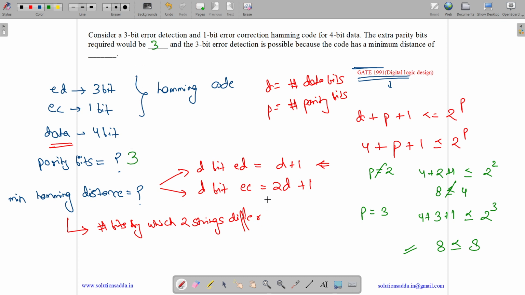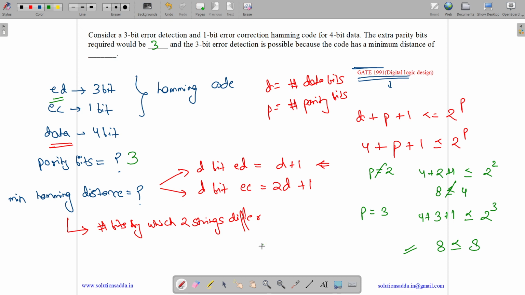Now let us see the second part, which asks for the minimum Hamming distance required. For d-bit error detection, the minimum Hamming distance is d plus 1.